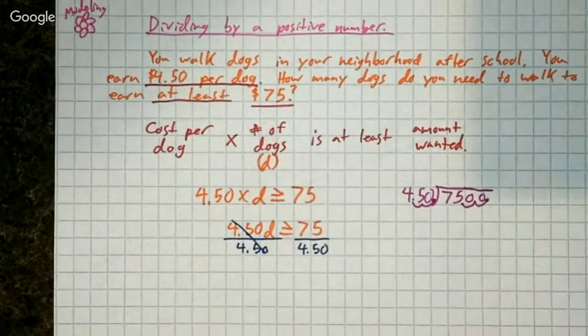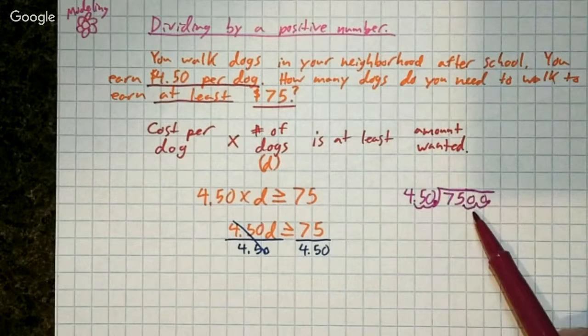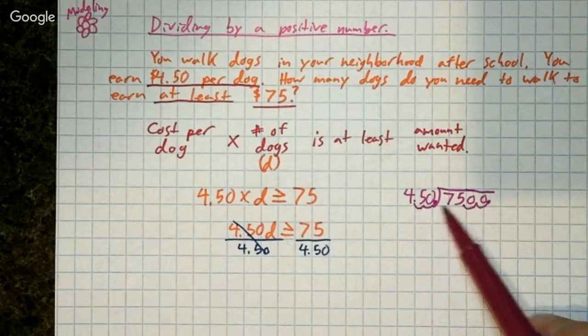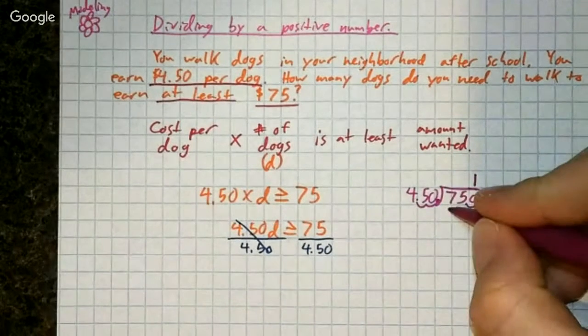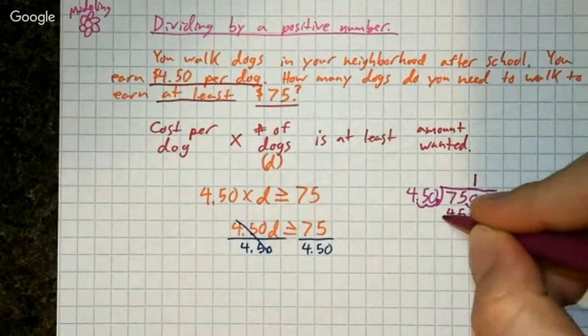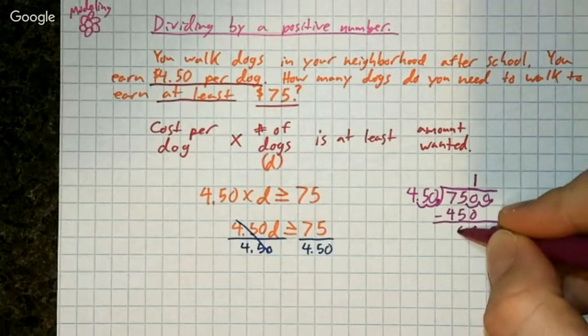So now we're doing 450 into 7,500. 450 can't go into 7, and it can't go into 75. 450 can go into 750. How many times evenly? 2 times would be 900, so that doesn't work. It would have to be 1 time. 1 times 450 is 450. We subtract: 0 minus 0 is 0, 5 minus 5 is 0.